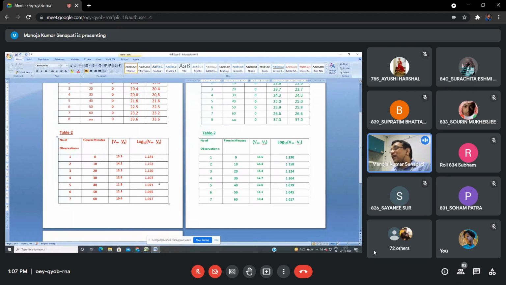And you take the scale in the y-axis, 1 centimeter equal to 0.01.